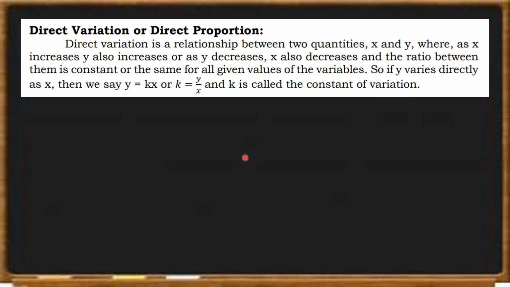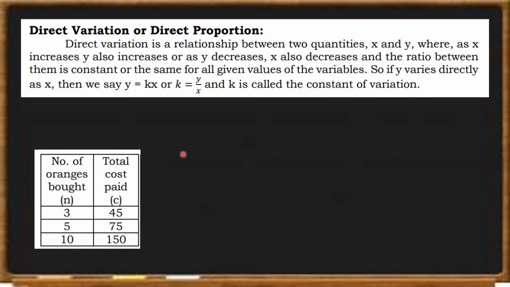So in the first scenario, the constant of variation is 15 pesos, the price of one orange. So that's your constant of variation in the first example. So here, your table, in the first scenario that we have, if you buy 3 oranges, you'll pay 45 pesos. 5 oranges, 75 pesos. 10 oranges, 150 pesos.